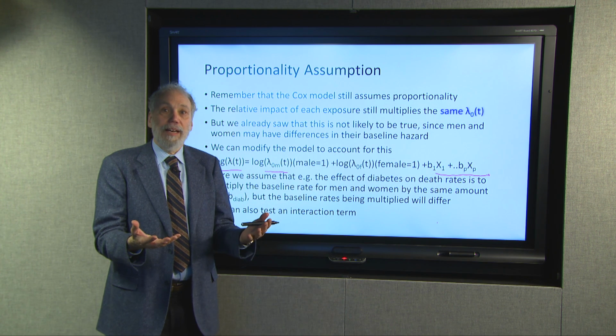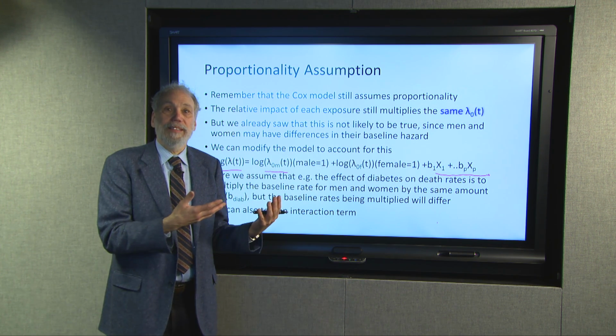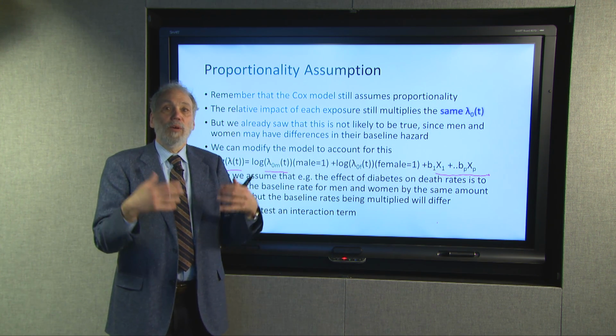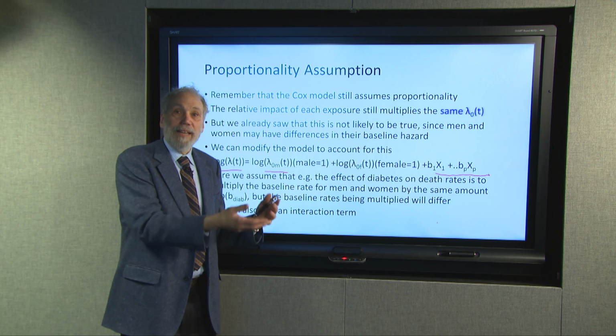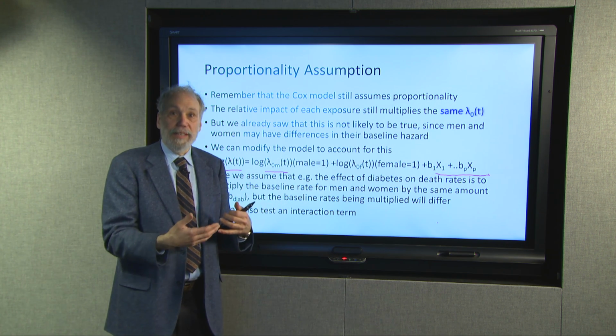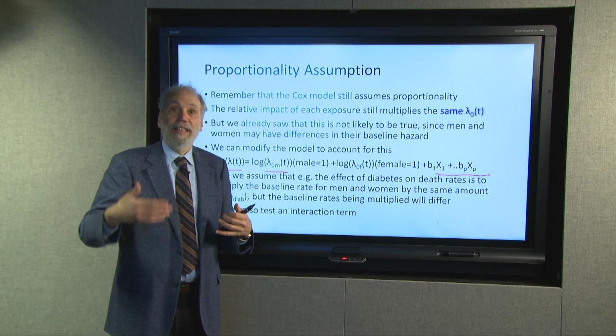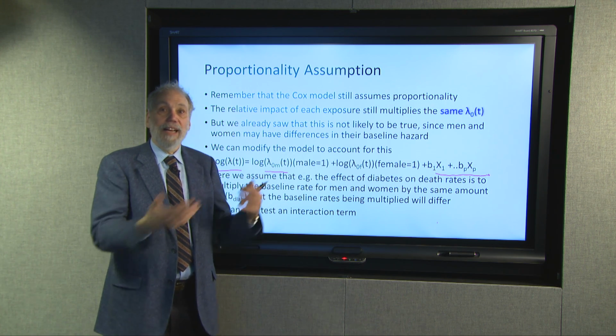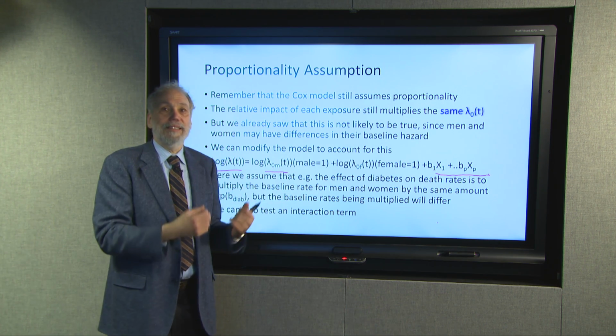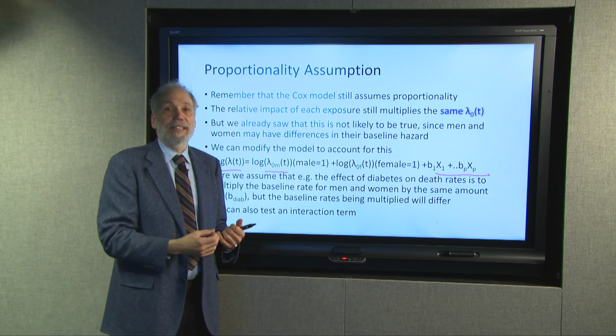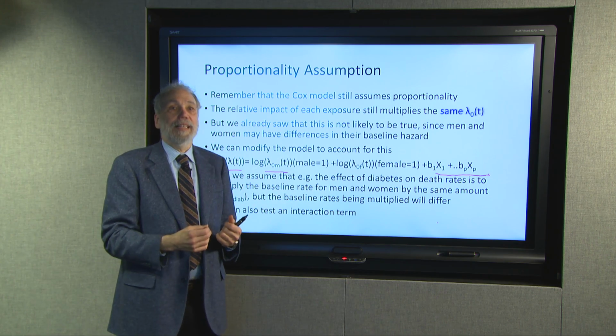We've talked about the assumption of proportionality, and we've developed a model that allows us to try to predict how various risk factors affect your chance of having an event, of failing at a given time.